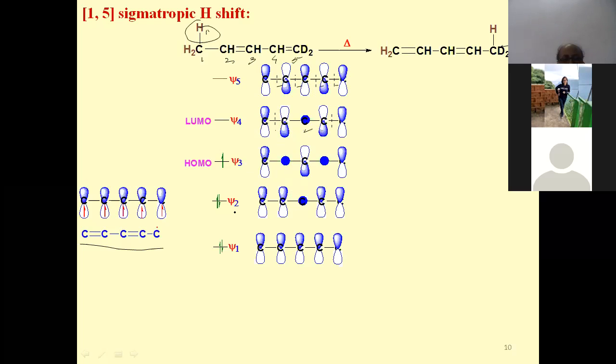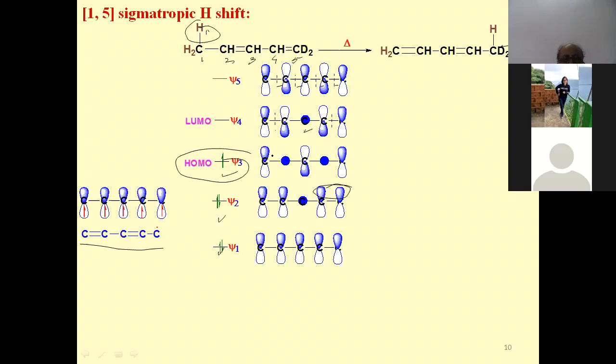So we find here psi 2 is going to be this. Sorry, this is going to be opposite. Opposite of this. So we have here psi 3. There are 5 electrons, so they fill 1, 2 and 3, and the HOMO becomes this.